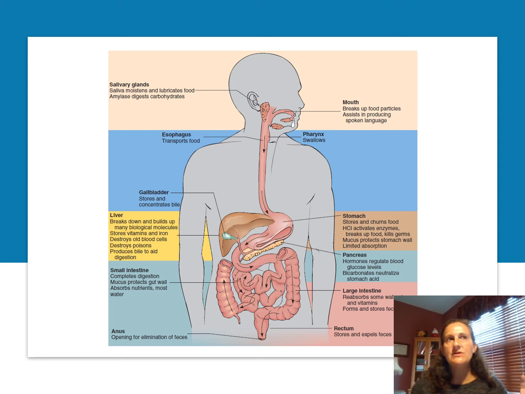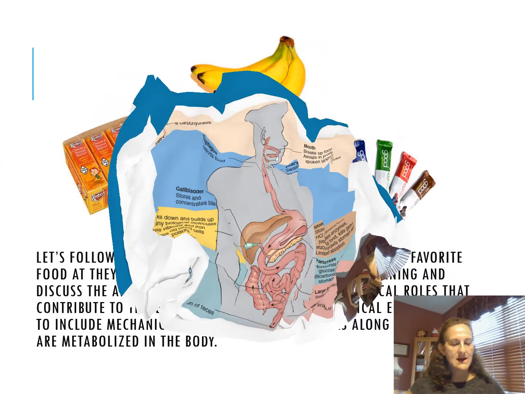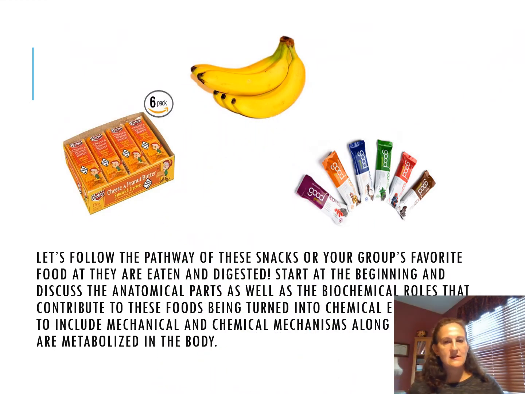And I want you to include both mechanical and chemical processes. So that kind of gives you a summary of looking at those pathways and how those food products are metabolized in the body.